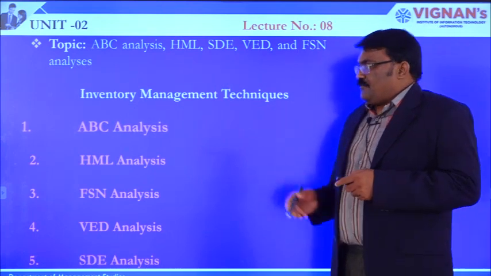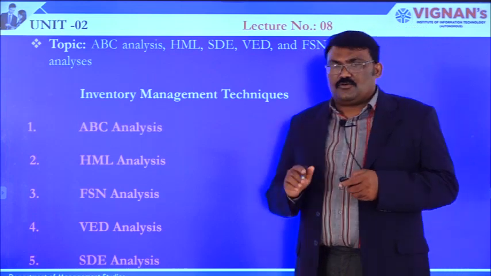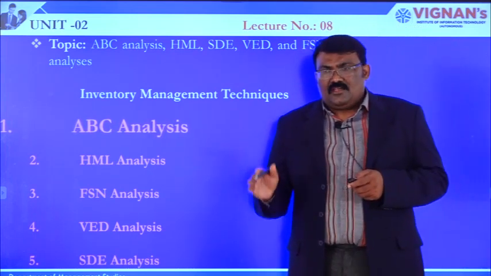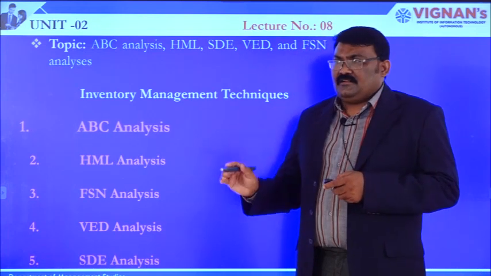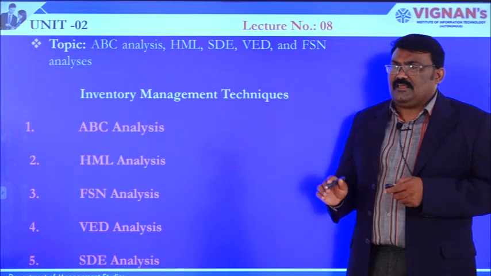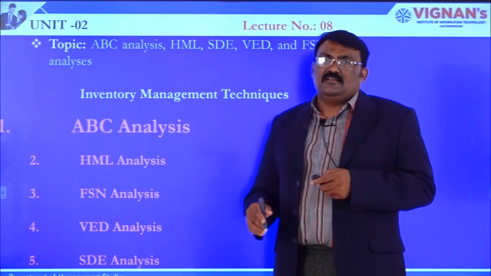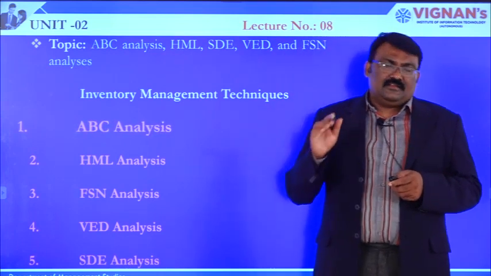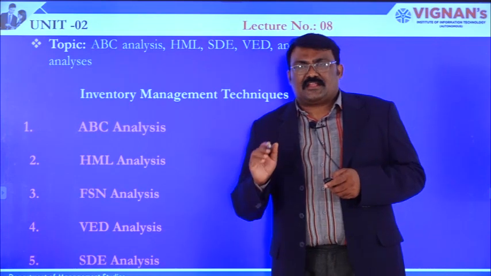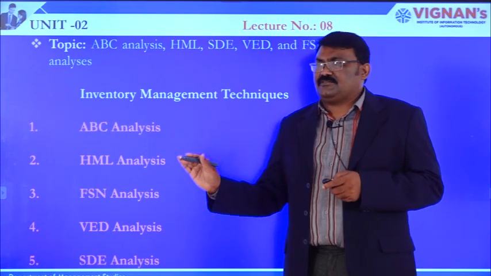The first one, ABC analysis, which is said to be always better control, where in the ABC analysis they go by the policy which we say is the 70-20-10 principle. That means 70% of the raw material consumes 10% of the cost.